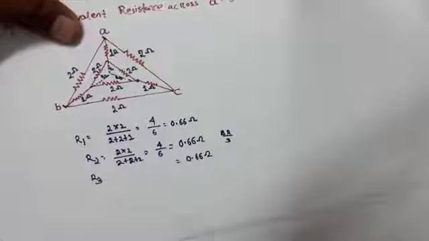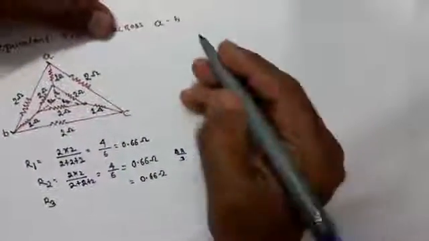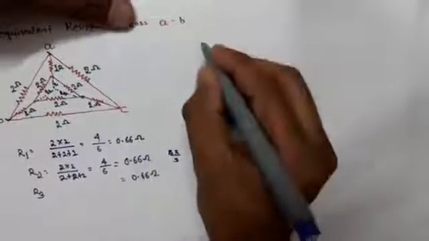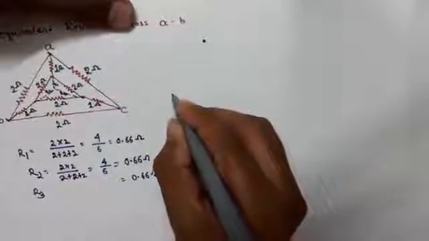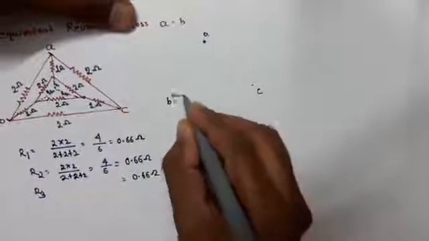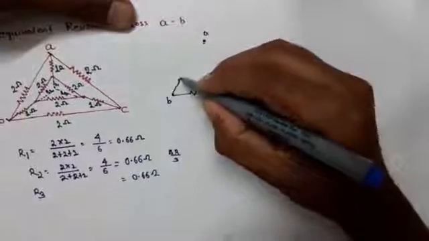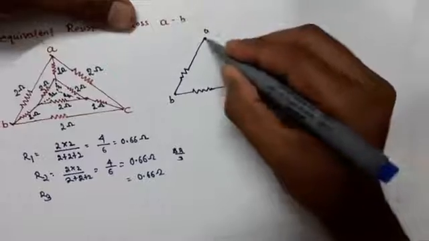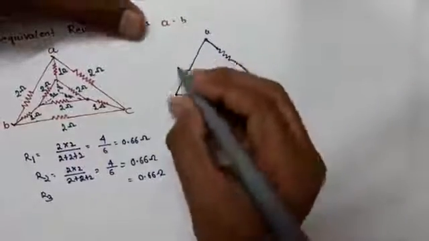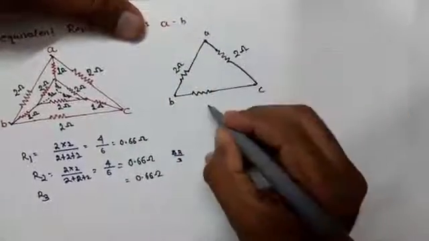Next we redraw the modified circuit. The modified circuit is like that, with terminals A, B and C. This is 2 ohm, this is 2 ohm, and this is 2 ohm.